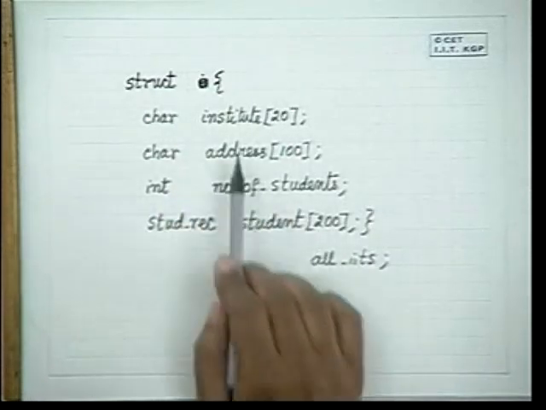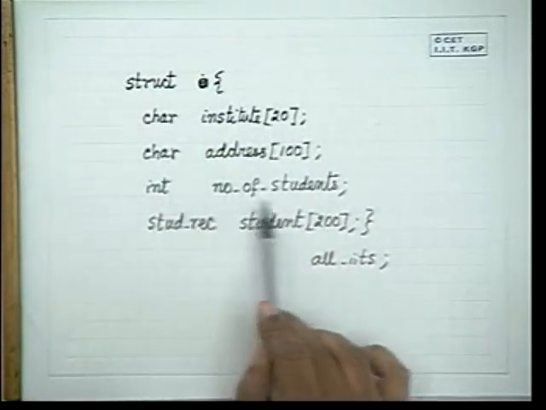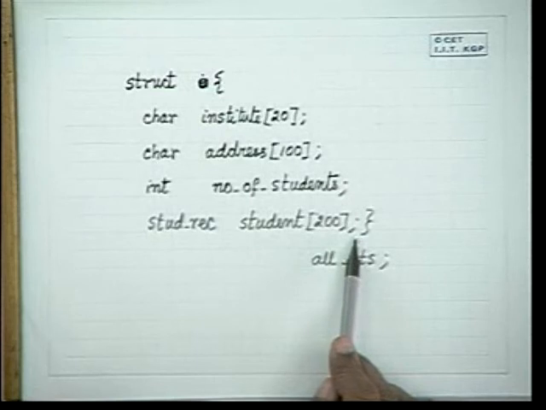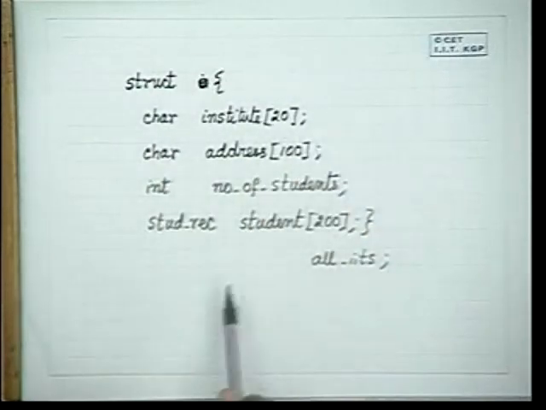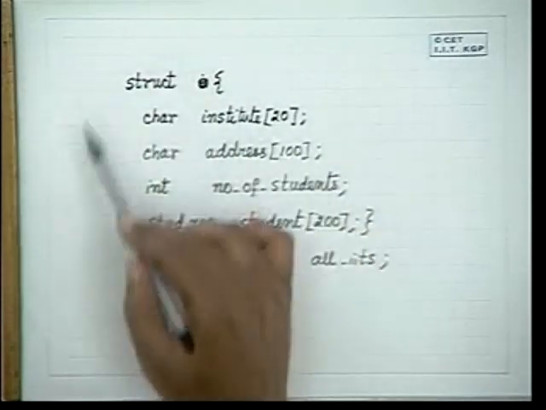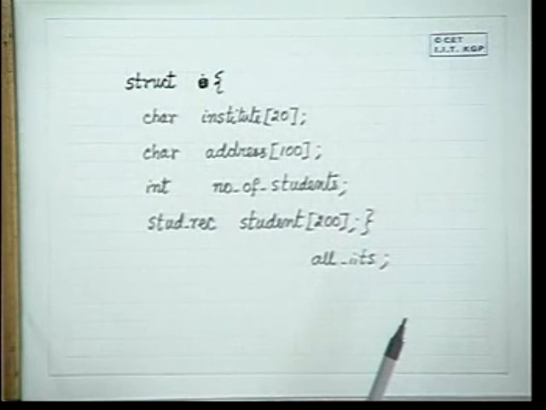So this is a structure which takes institute, address, number of students, and the student records of that institute. So now you have encapsulated, you have got another structure called all IITs, where inside this you have got all the student information.